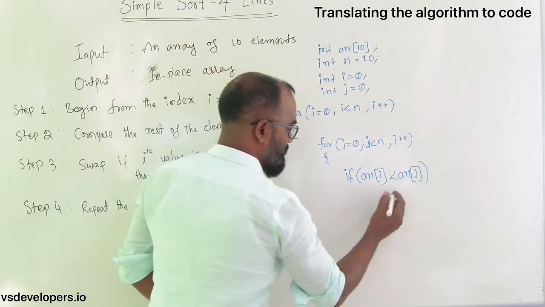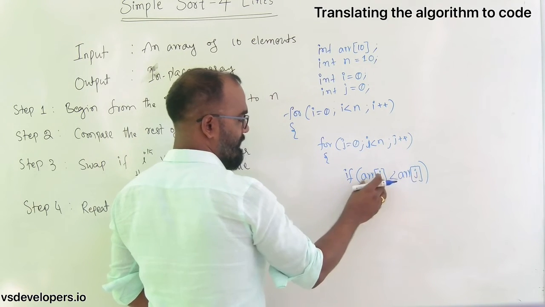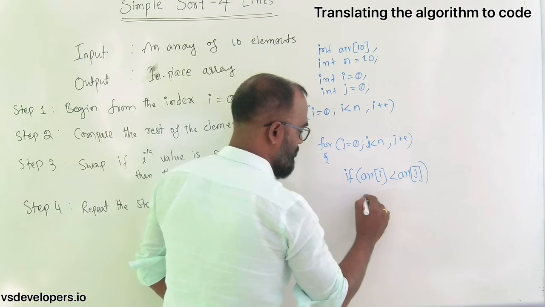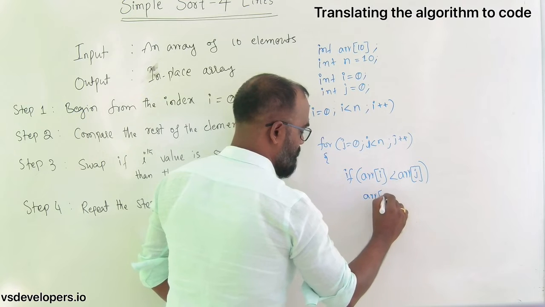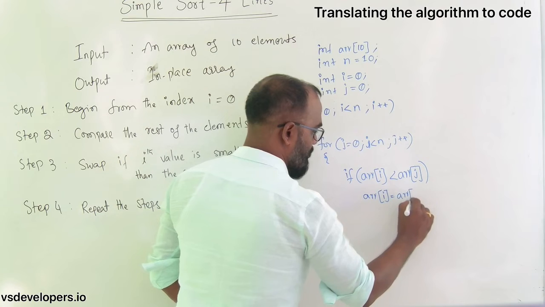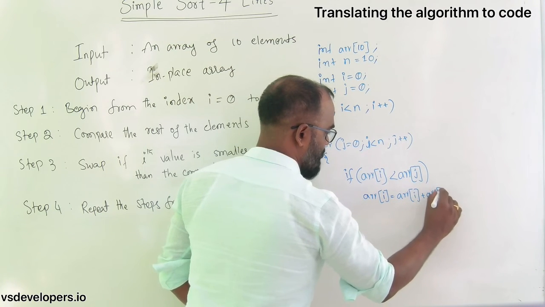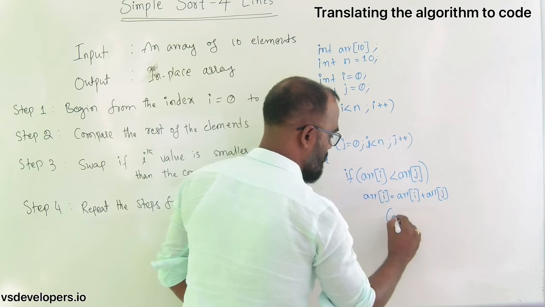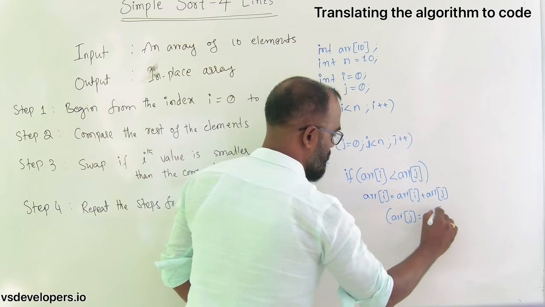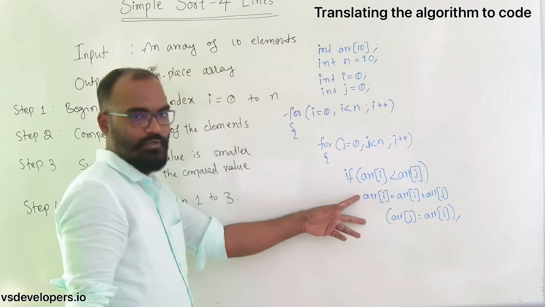So I would say array of i equals array of i plus array of j, and then assign array of j equals array of i. So this is your swapping.